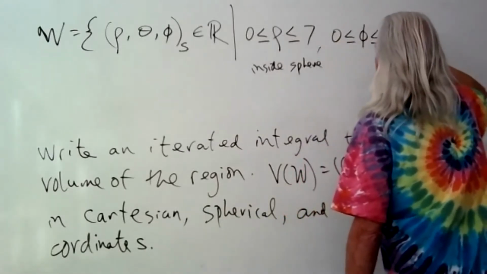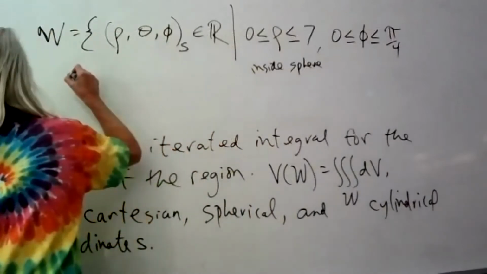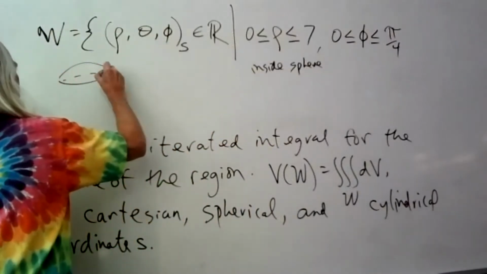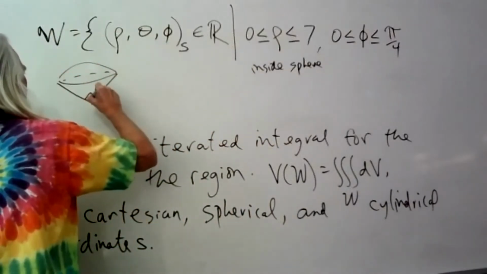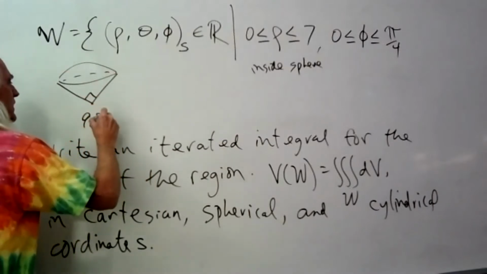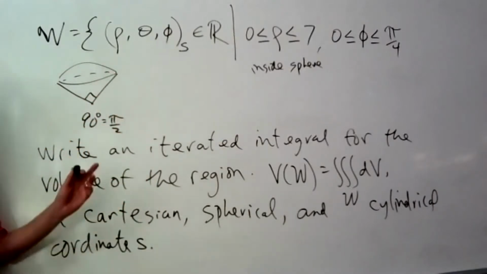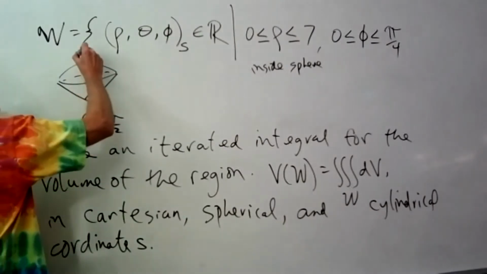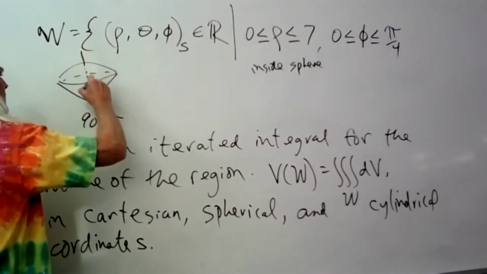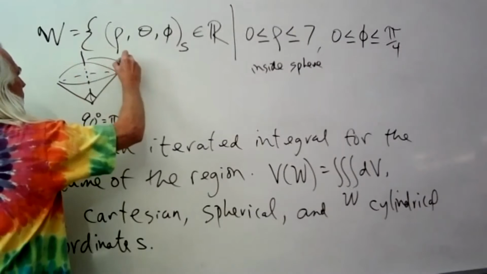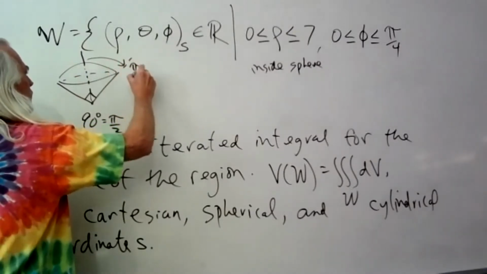And we also need that 0 less than or equal to phi less than or equal to pi over 4. Again, the region looks like this. At least mine has a 90 degree, which is pi over 2, angle here at the cone. What that means is that this angle is pi over 4.